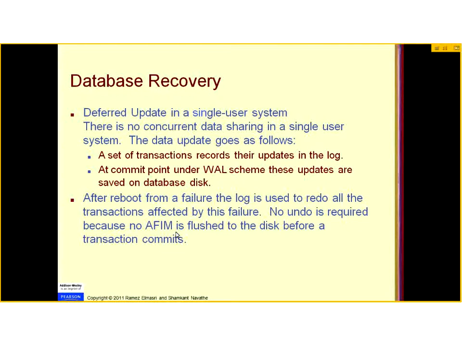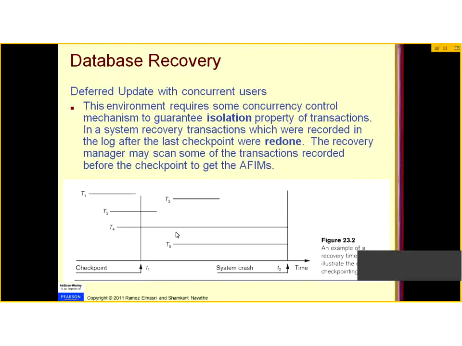Deferred update in a single user system, when there is no concurrent data sharing, goes as follows. The set of transactions record their updates in a log, and at commit point, these updates are saved to database disk. And the deferred update scenario when there are concurrent users looks like this.